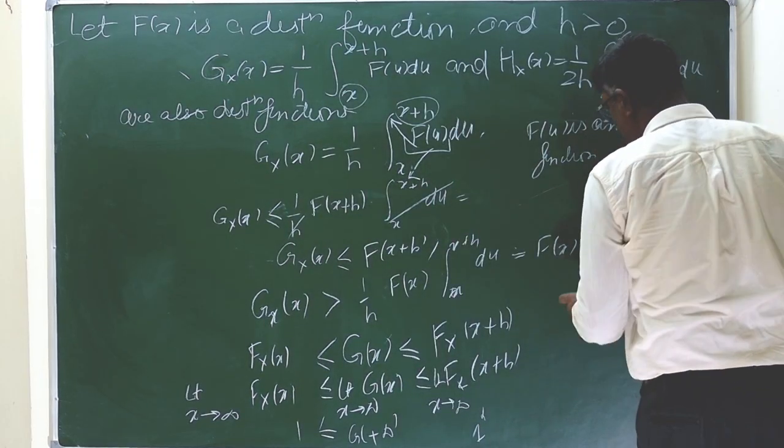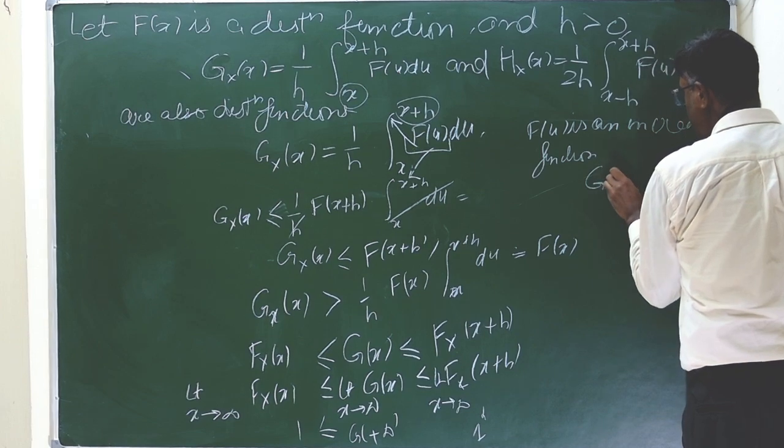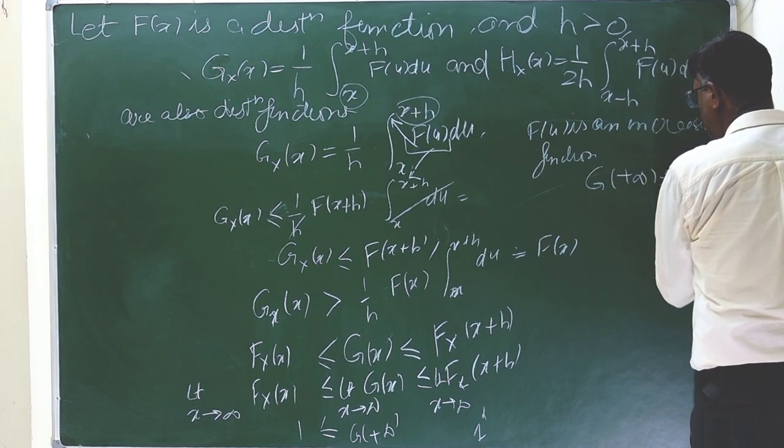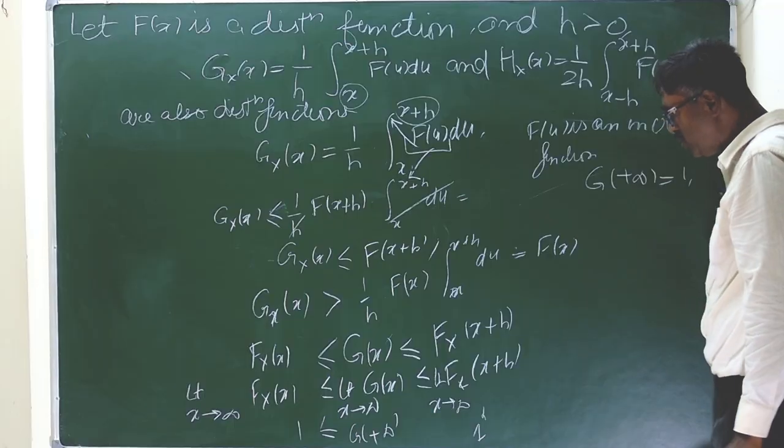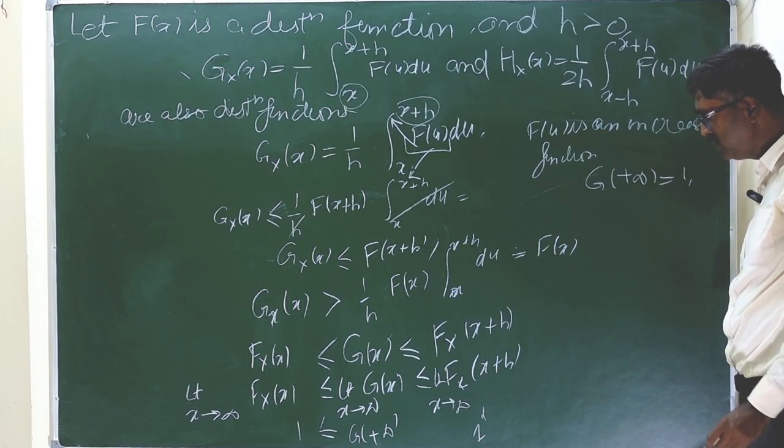So we see that g(x) at plus infinity will be unity.